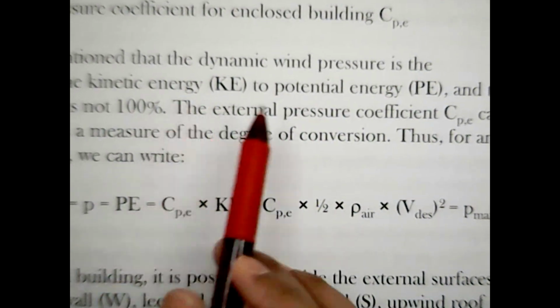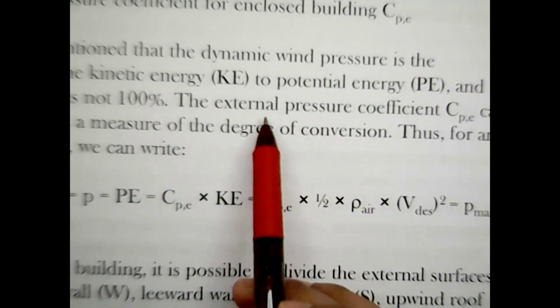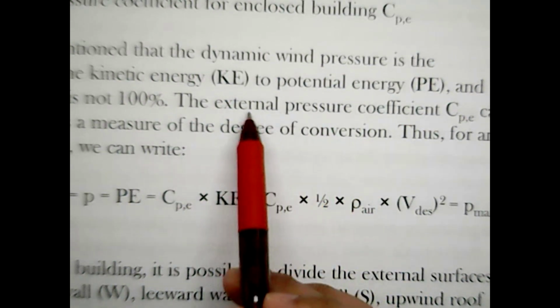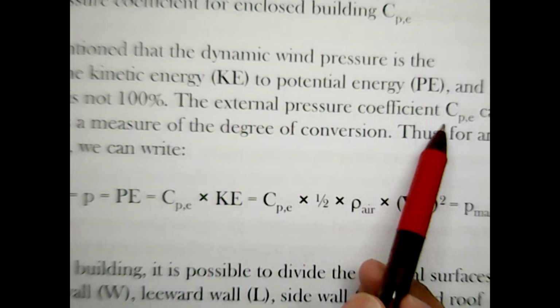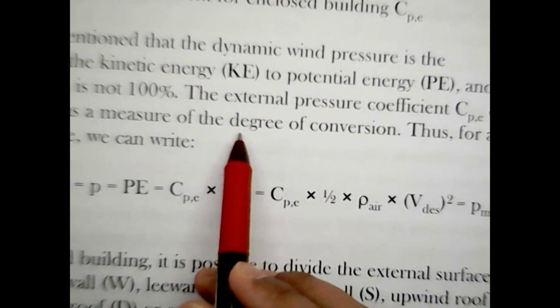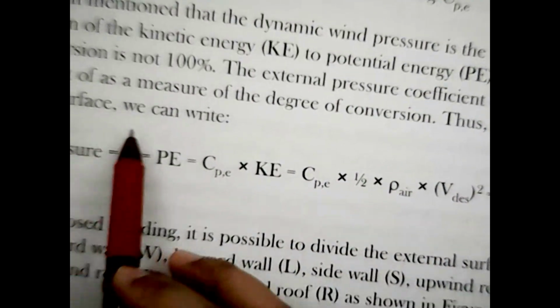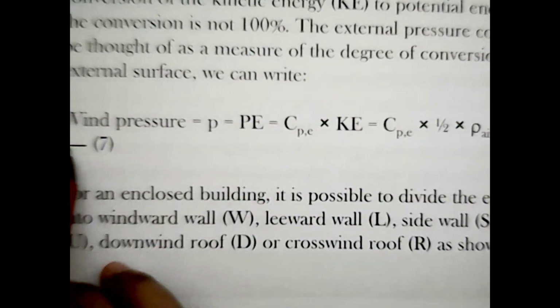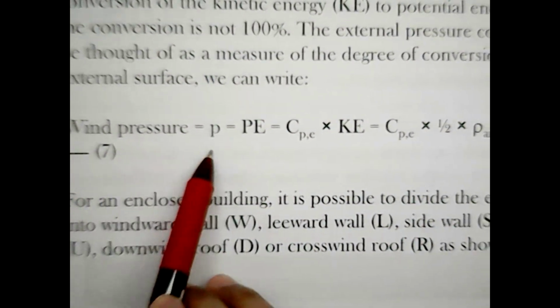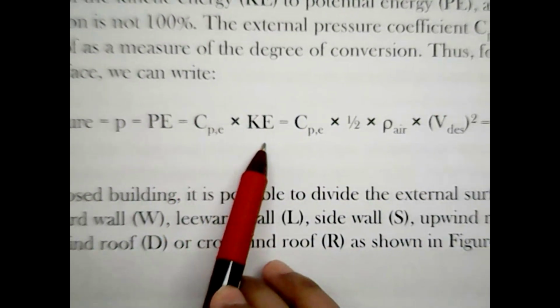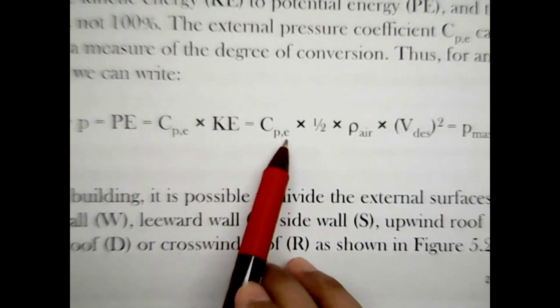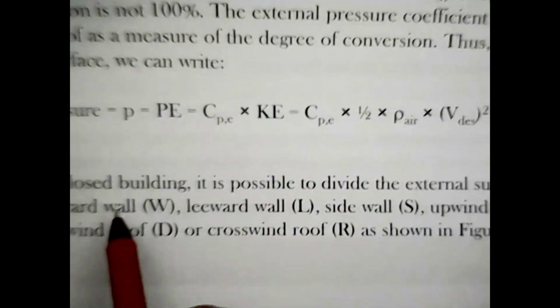This is because of the contribution from the external pressure coefficient CPE, which is the degree of conversion. Thus, for any external surface, we can write the wind pressure as CPE times the kinetic energy. So CPE is equivalent to this equation.